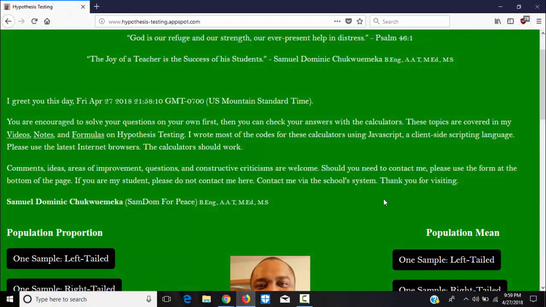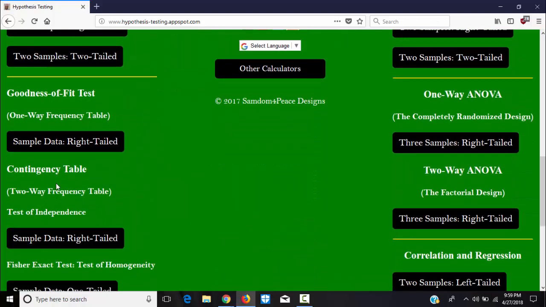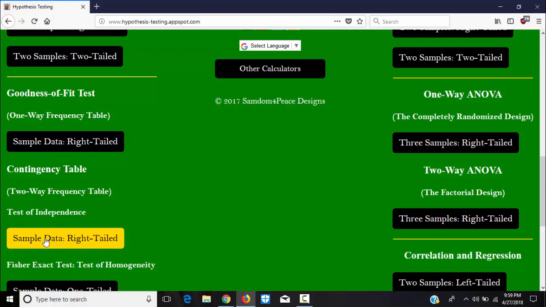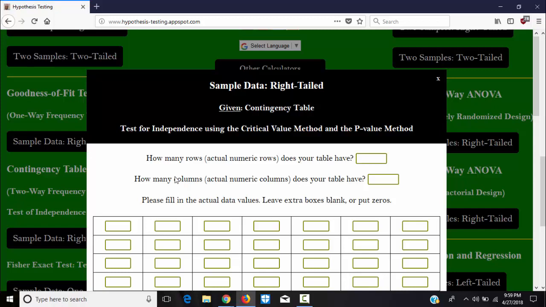With the calculator you're gonna use here, if you scroll down, you go to contingency table, test of independence. This topic is test of independence. A contingency table is a two-way frequency table. So you just click here, sample data, right-tailed. Here it asks you how many rows, which means actual numeric rows.